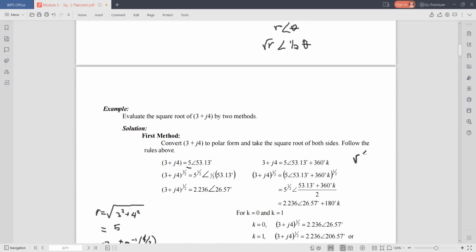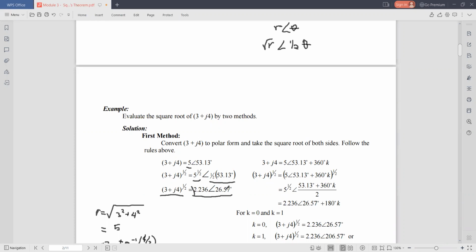And then for the angle, we multiply by 1 half of 53.13. So the square root of this particular complex number is the square root of 5 at an angle of 1 half times 53.13.